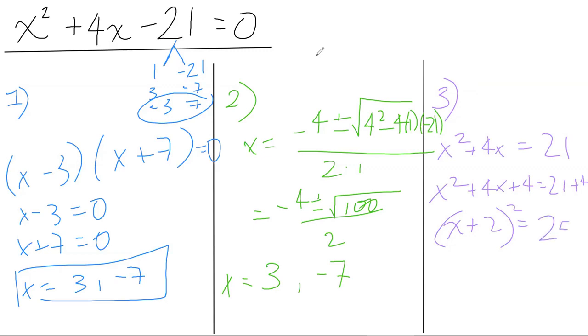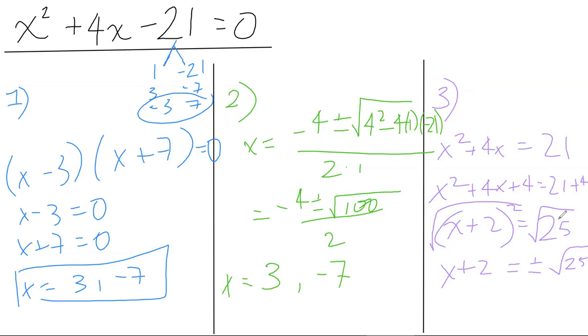And that's 25. Let's take the square root of both sides. x plus 2 is equal to plus or minus the square root of 25. Remember, both the positive and the negative value is going to square itself to get positive 25.